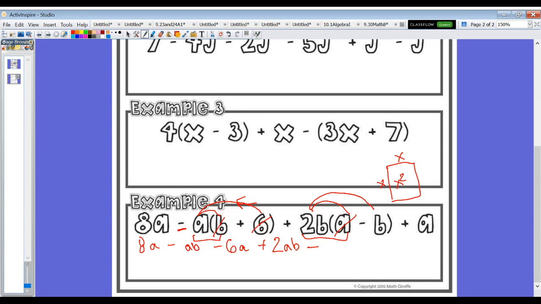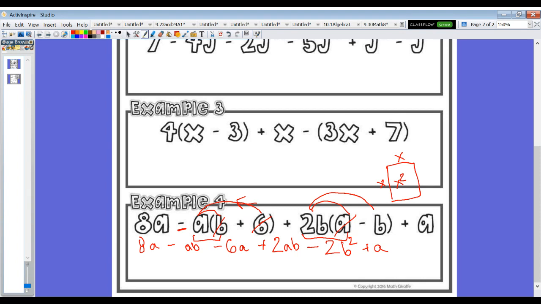The same thing happens here with my b's. I have a 2b times a negative 1b. So I'm going to have a negative 2 there. And then my b's, the same thing is going to happen. It's going to turn into a b squared. And then I'll have a plus a on the end. Nothing's really going on with that guy down there.